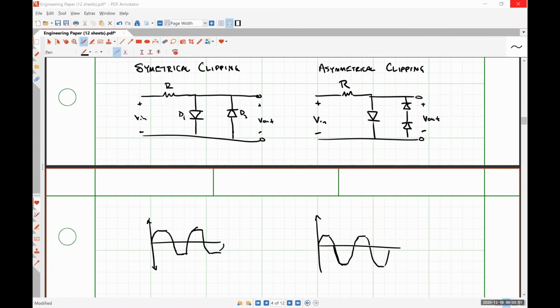Problem 3 on the WebWork. All right, let's pull up WebWork here. Winter 2021, homework 3, problem 3.